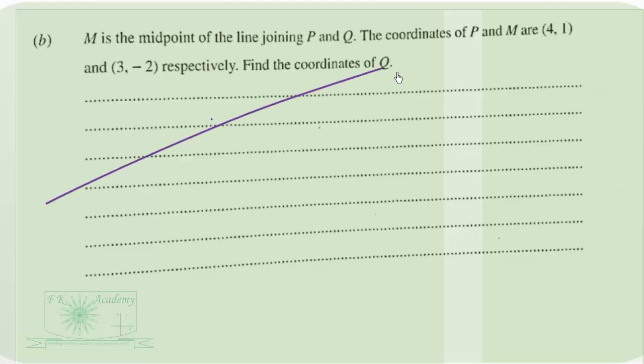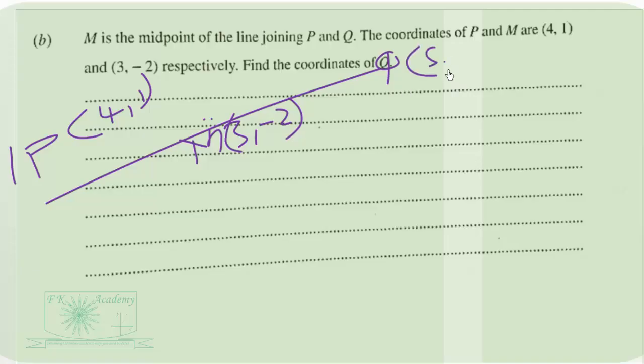So we have a straight line. We have P. The coordinates of P are 4, 1. The coordinates of M are 3, negative 2. The coordinates of Q here are, let's say, S, T. If I add S and 4, and I divide by 2, I should get 3.